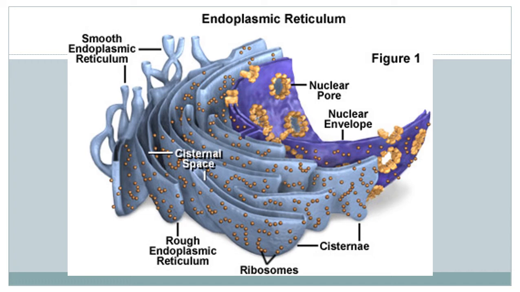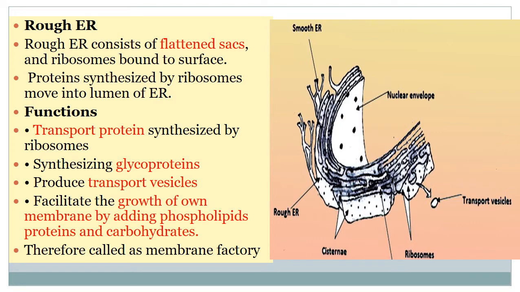So according to this diagram, you can see the nuclear envelope, and attached to it is the cisternae of the rough endoplasmic reticulum with the ribosomes attached, and the smooth endoplasmic reticulum present. The rough endoplasmic reticulum consists of flattened sacs and ribosomes bound to the surface.